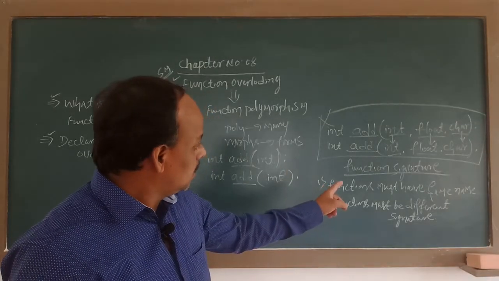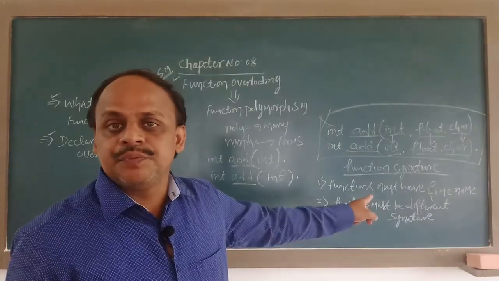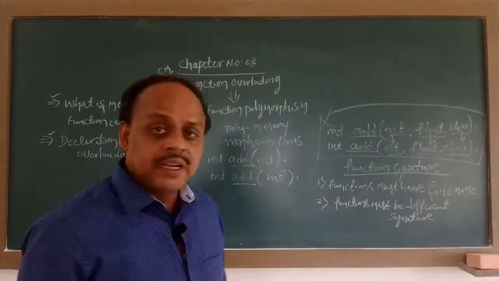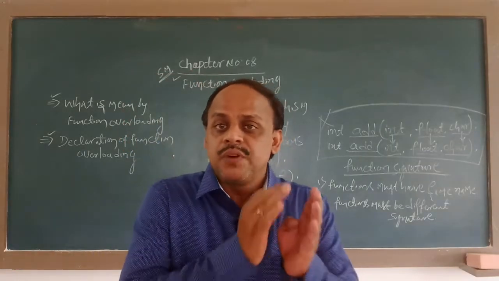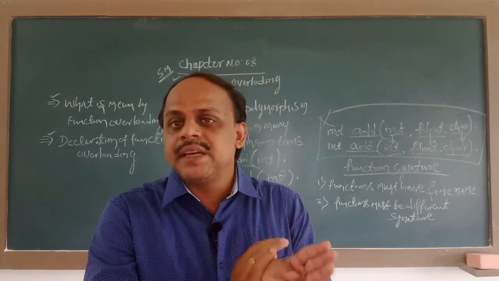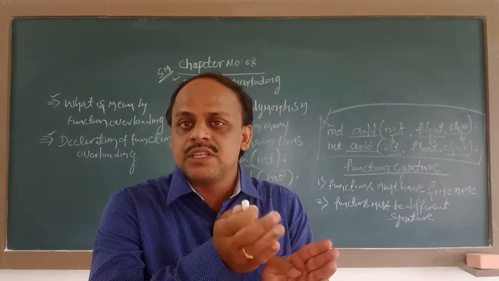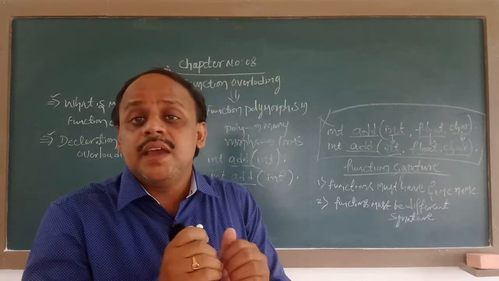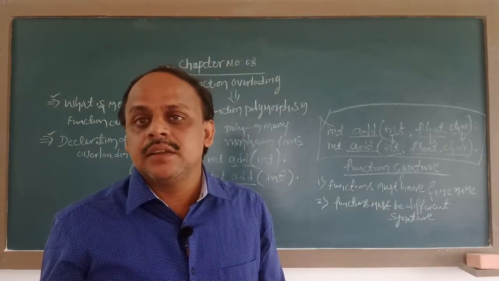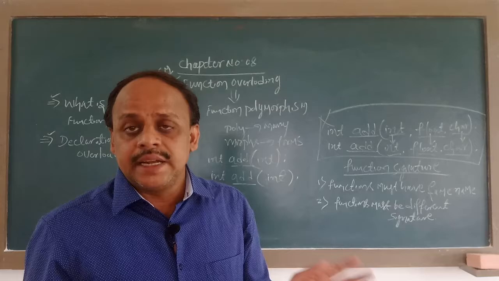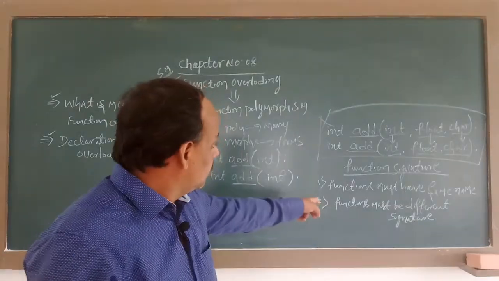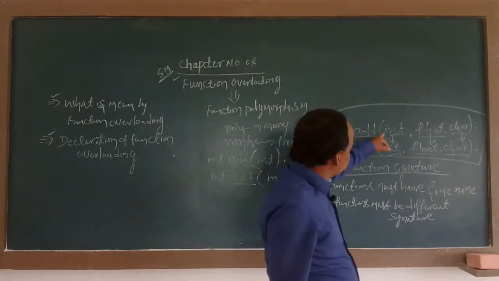Second one, check it. Functions must have different signatures. It means the functions must contain parameters or arguments that are different in the declaration. That is called different signature. But is there a different signature here?